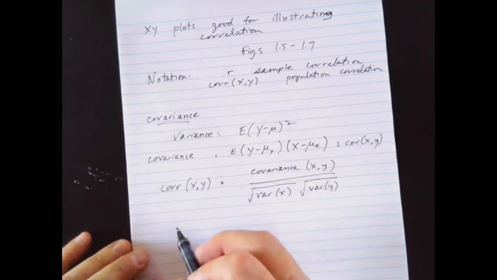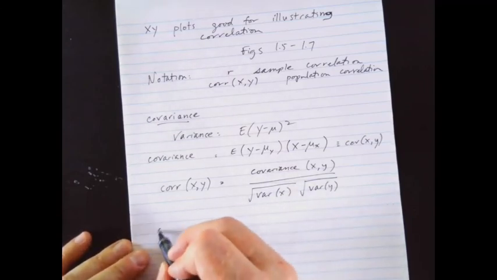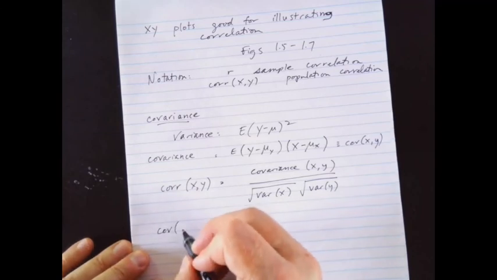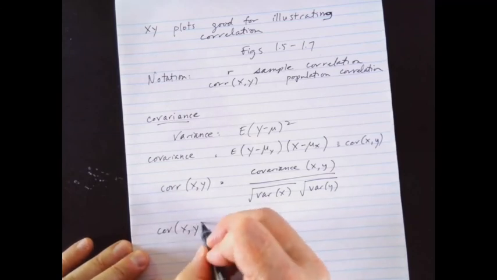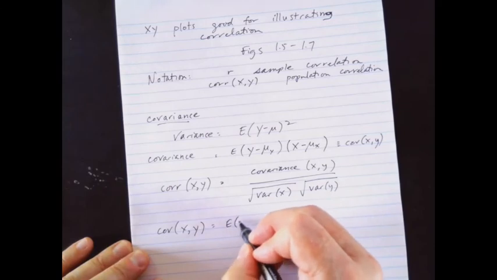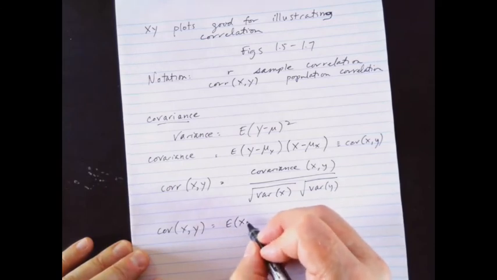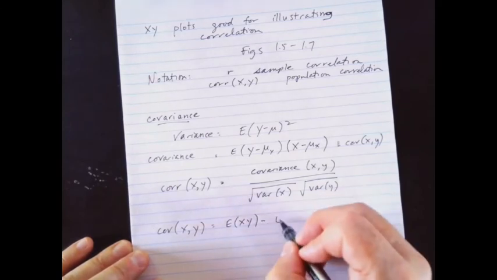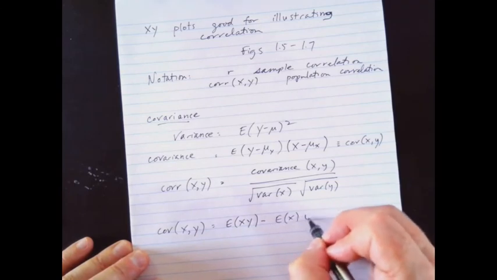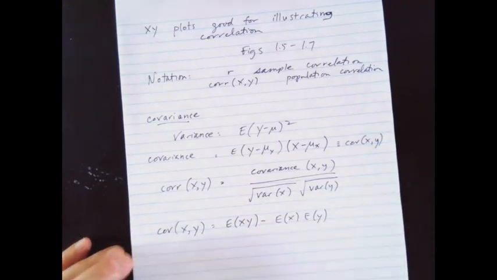It's also going to be the case that, although we won't go through this, the covariance of x and y is equal to the expected value of x times y minus the expected value of x times the expected value of y.